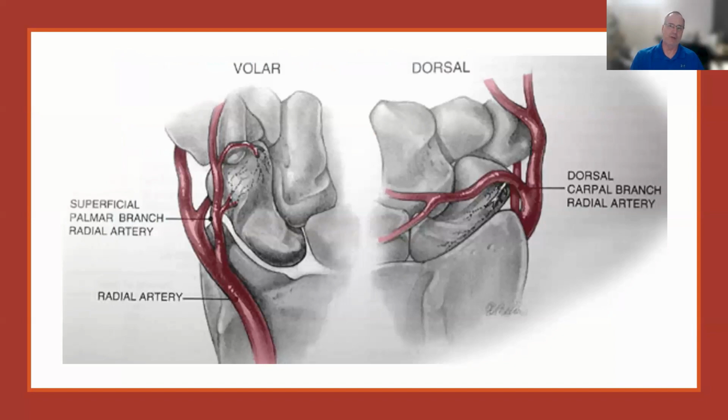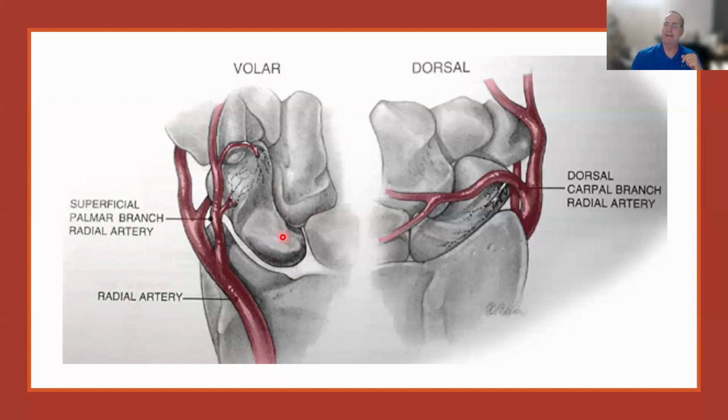And just to review that anatomy real quickly, here's the scaphoid bone, and the blood supply is from a branch of the radial artery that virtually in all of us enters the distal aspect of the scaphoid. So if we have a fracture through the waist right here, the equator, if you will, of the scaphoid, then there's the potential for there to be avascular necrosis that involves the proximal pole of the scaphoid.